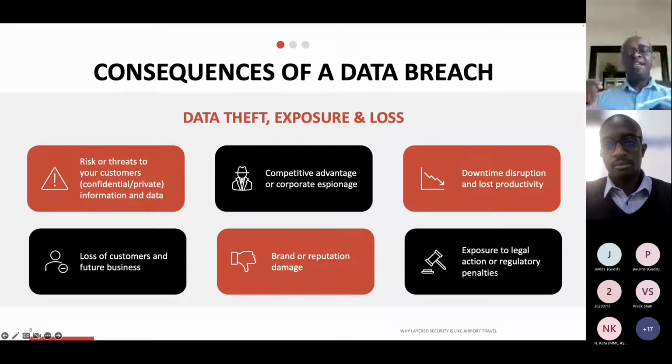In addition, there are significant costs associated with managing a data breach and remediating the damage caused by the breach. It is just not the value of the data that is important.